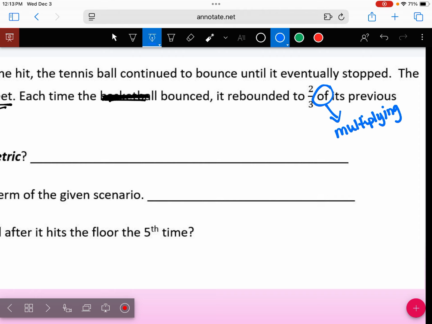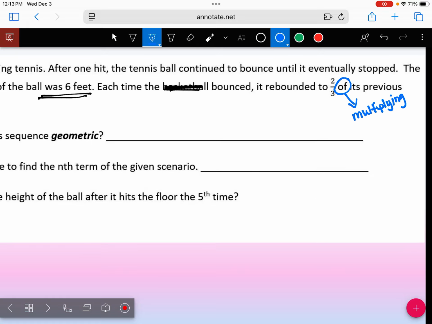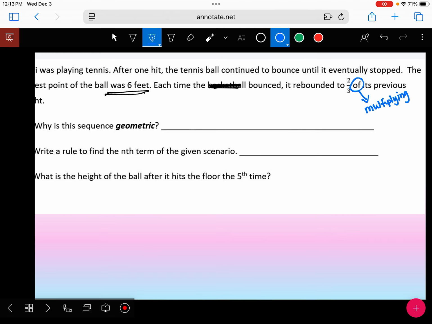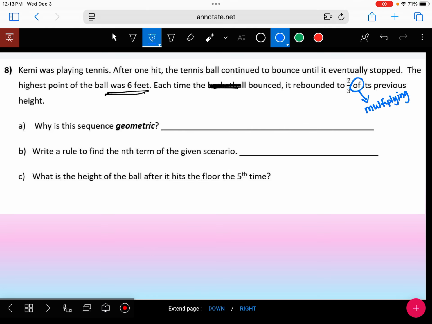So the word of indicates multiplication. Why is this a geometric? Because we are multiplying the height by 2/3. That's why it's multiplication.